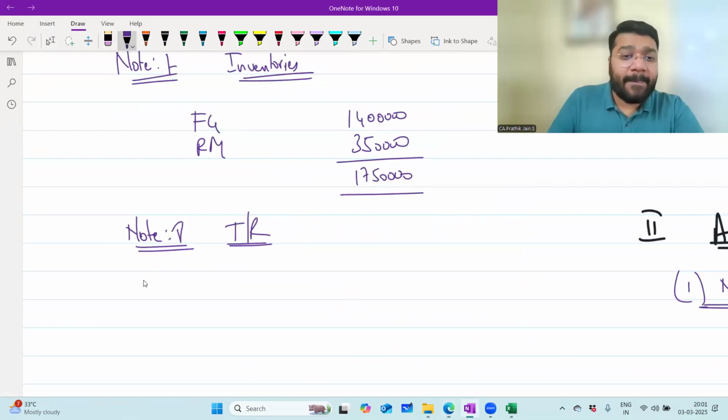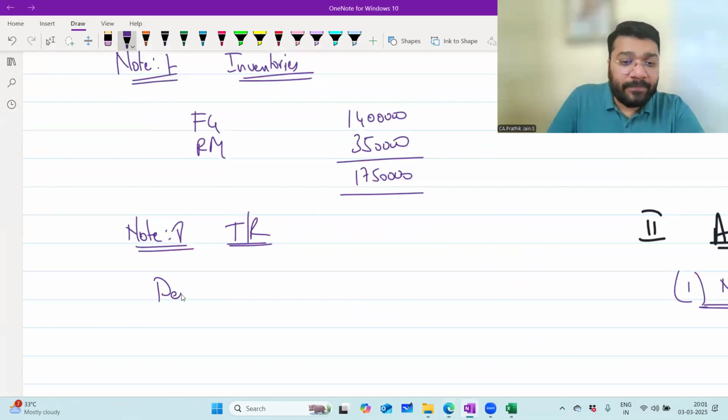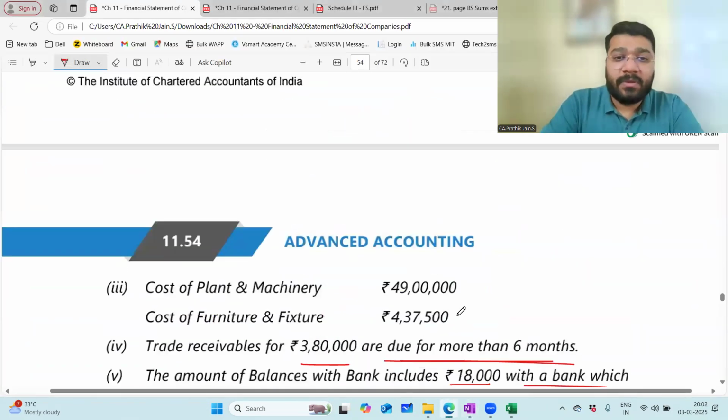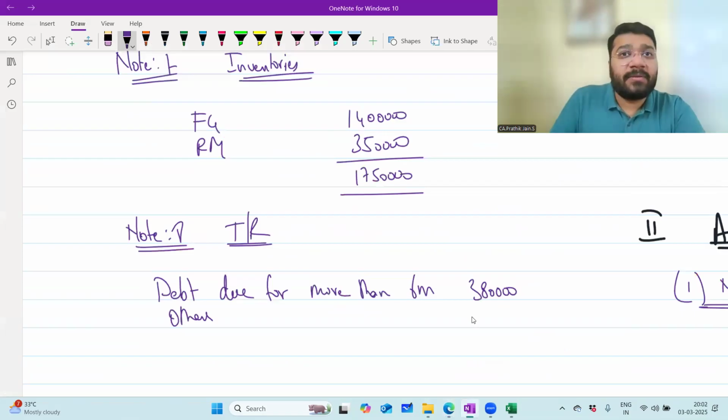How do you write it? Debt due for more than 6 months. How much is it? 3,80,000. Others, how much? That is from 14 lakh. If I minus 3,80,000, how much is the balance? 10,20,000.